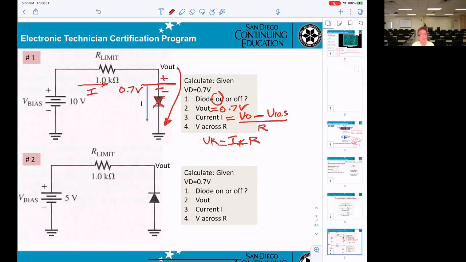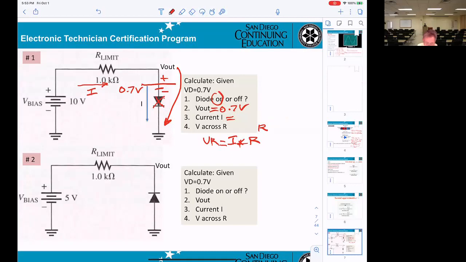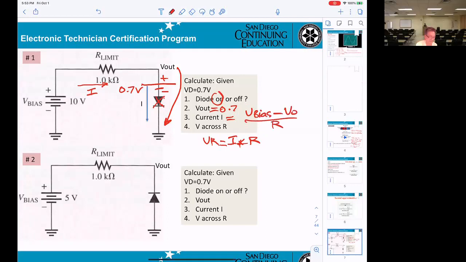Yeah, the thing is V bias will be bigger. Correct. They're supposed to be switched around. V bias minus V out. Yeah, like that. Correct.